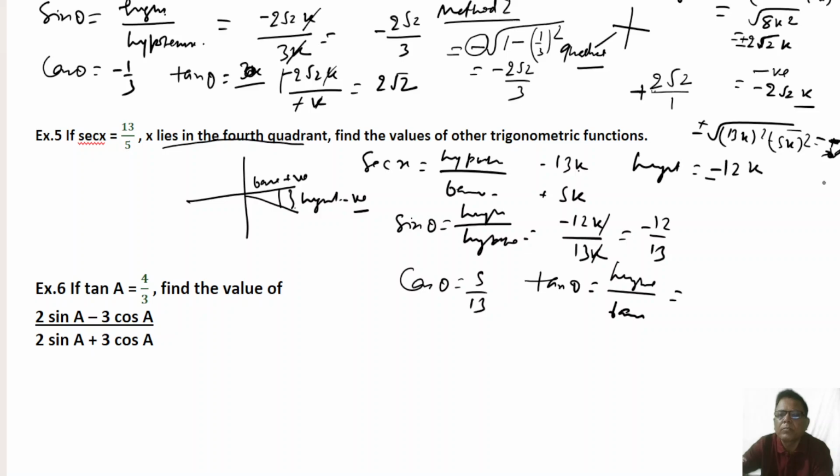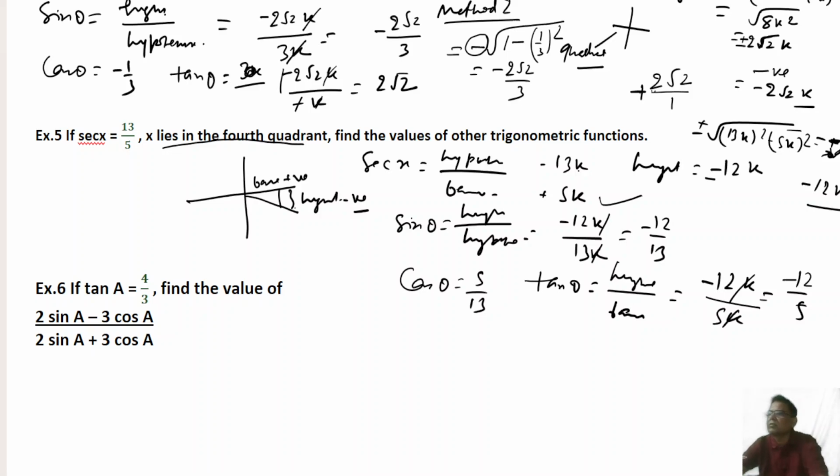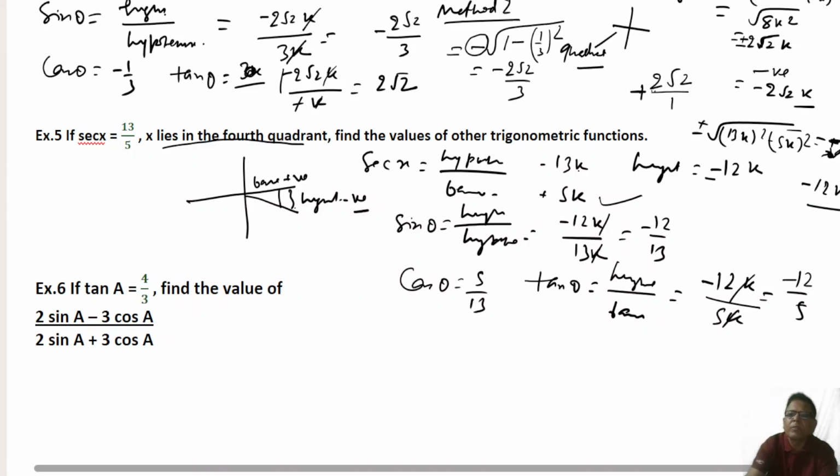So height is minus 12k and base is 5k. So tan will be minus 12 by 5. So cot, just the reciprocal, is minus 5 by 12. So this way you are able to find it out, or you can use your formula also.